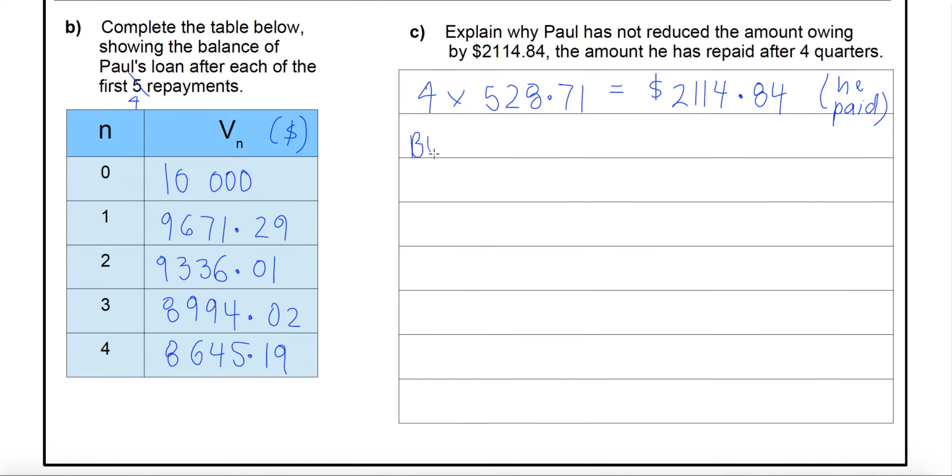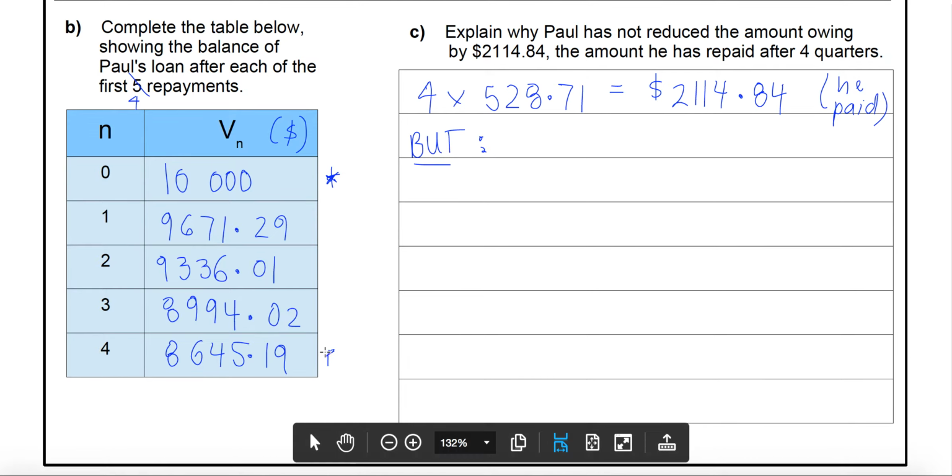But how much has he actually paid off the loan here? If we have a look at these two values, so that's what he started owing, and this is what he owes after 4 payments, or 4 quarters.